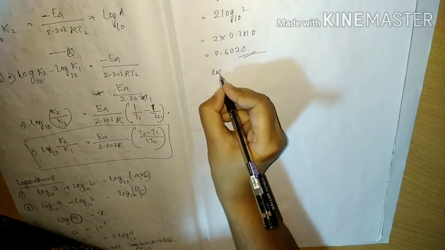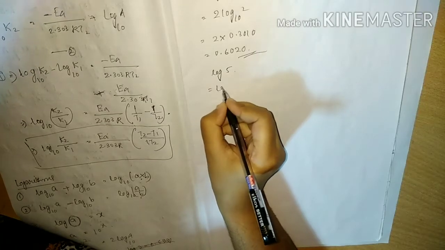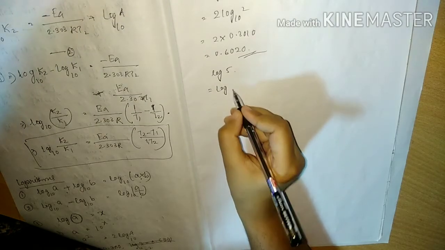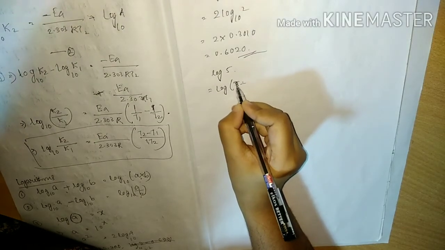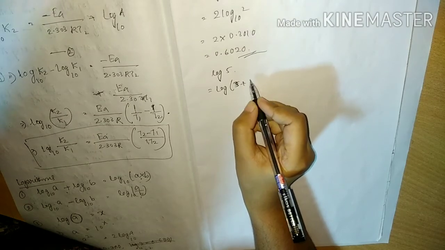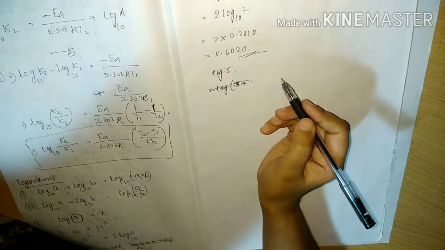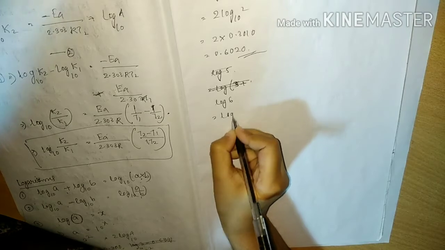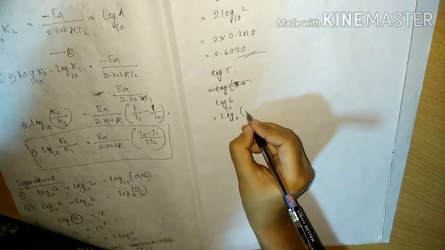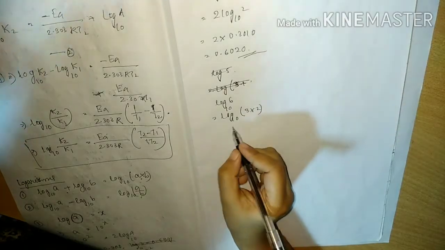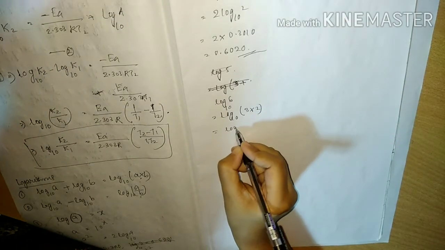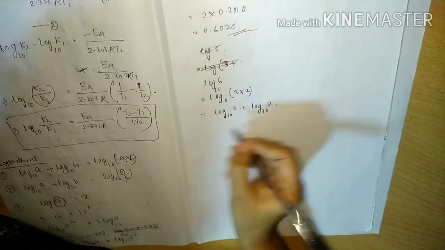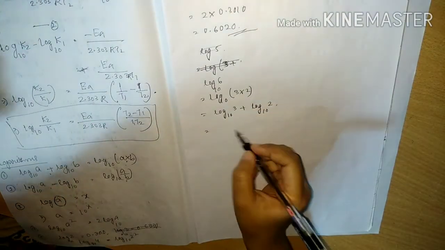Suppose we can also find the log value of 5, and log 6 also. How? Log base 10 of 6 is equal to log of 3 into 2, so we can write log 3 plus log 2. We need to find the value of log 3 plus log 2.